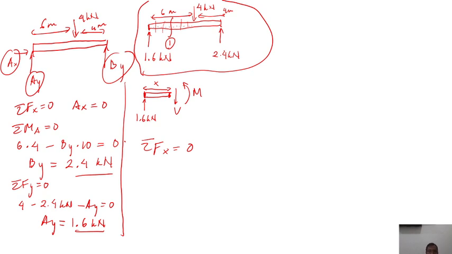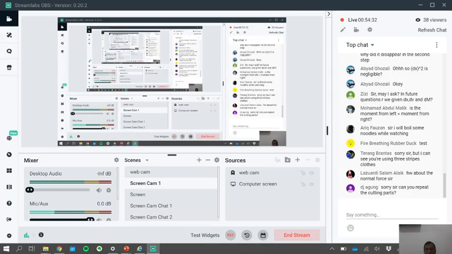But if you want to draw it to ensure that everything which is supposed to be there is there, you can as well. But using sigma Fx equal to 0, my result will be N equal to 0. But you can draw it. No problem. Any other question?